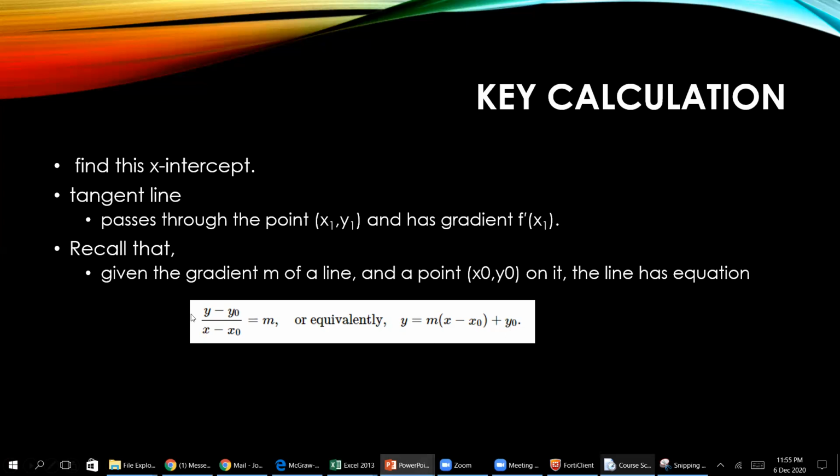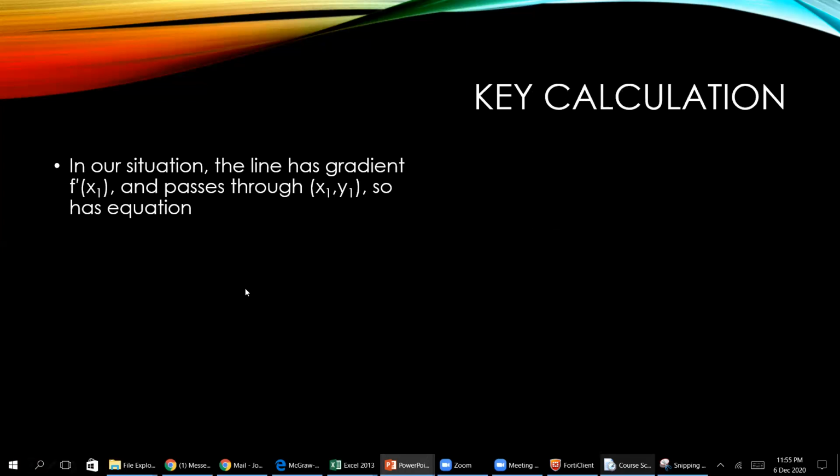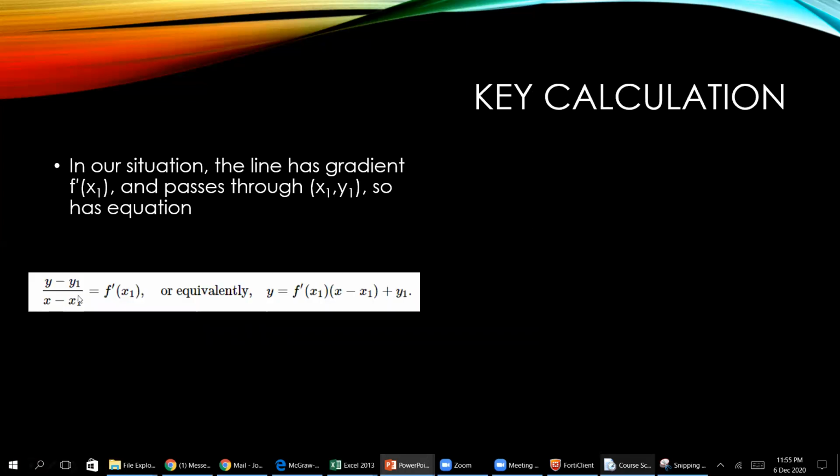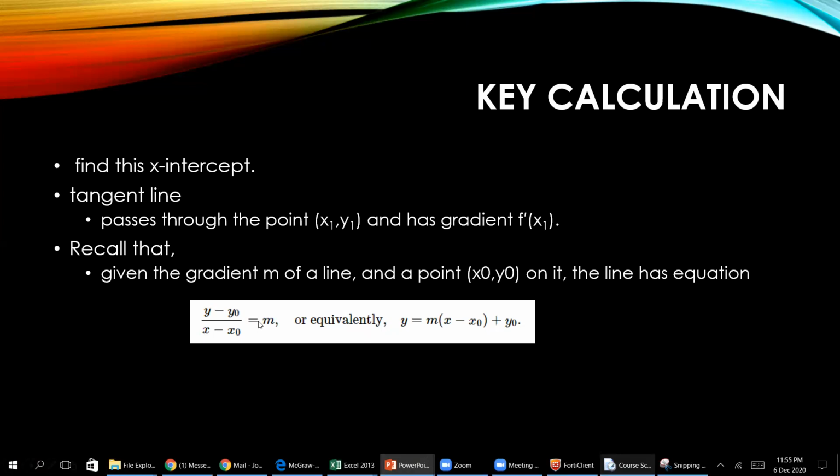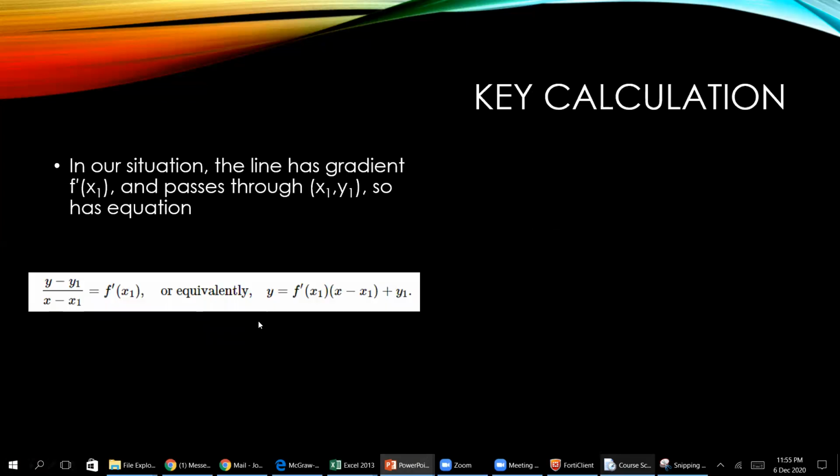I hope you still remember this formula. This is the basis of Newton's method. But in our situation, y sub 1 and x sub 1 will be your y sub 0 and x sub 0 in this formula, and we're looking for the new x and y.